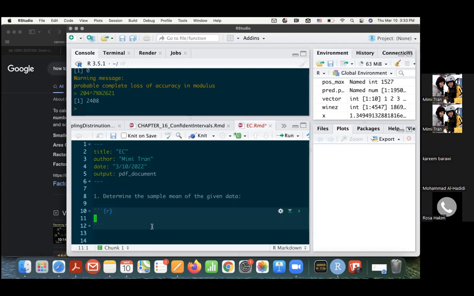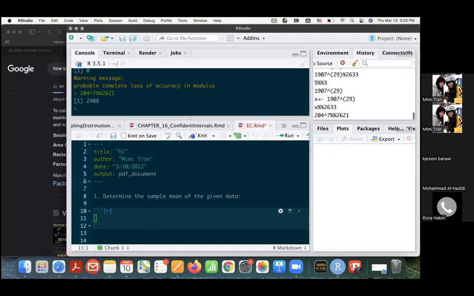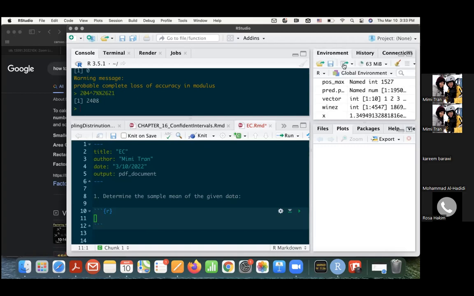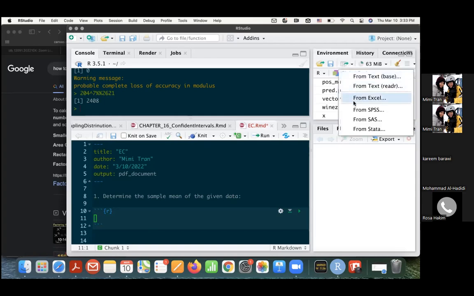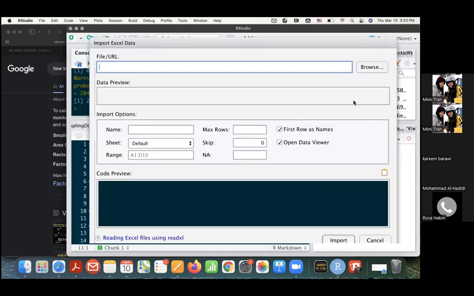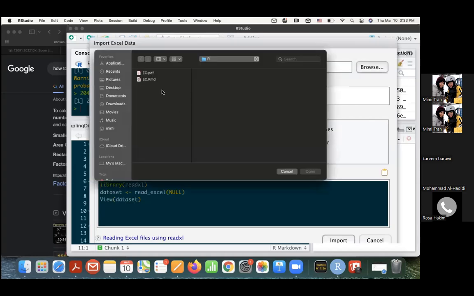And then say I am gonna import a data set. Do you guys know how to import? History, connection, environment. Right here, I think. And if I use Excel, browse. I don't have my data set here in the R folder, but I'm gonna use a different one.